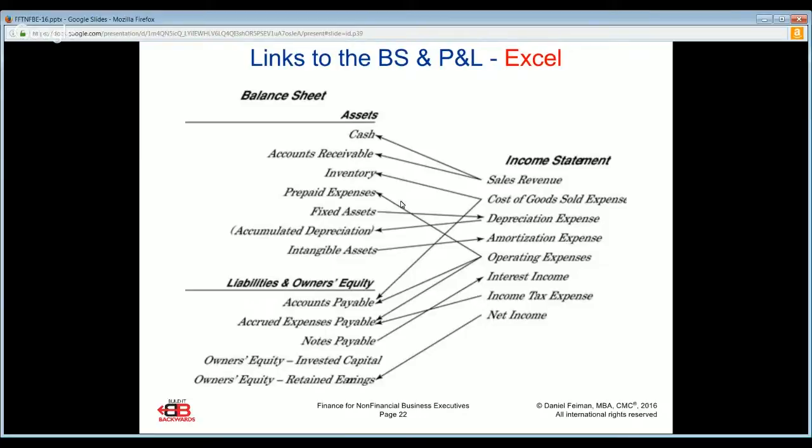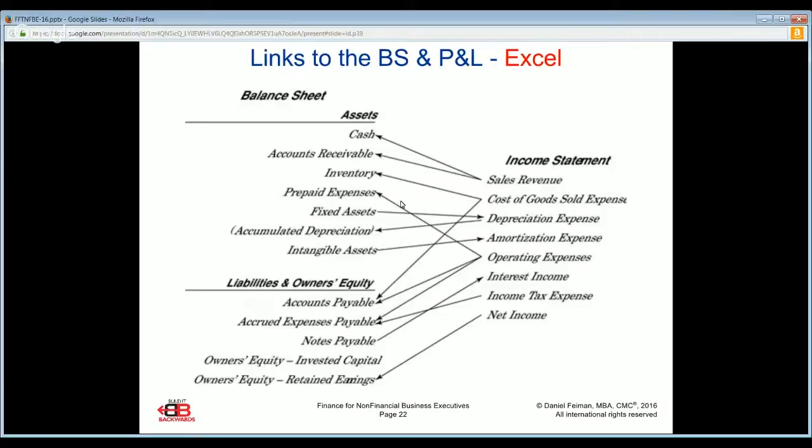So a quick look at the relationship between the balance sheet and the income statement. Look at the income statement for a moment. Our sales revenue is going to be shown. In many cases, some of the cash will come from our sales. Obviously, the net income that we didn't spend somewhere else will be in cash.